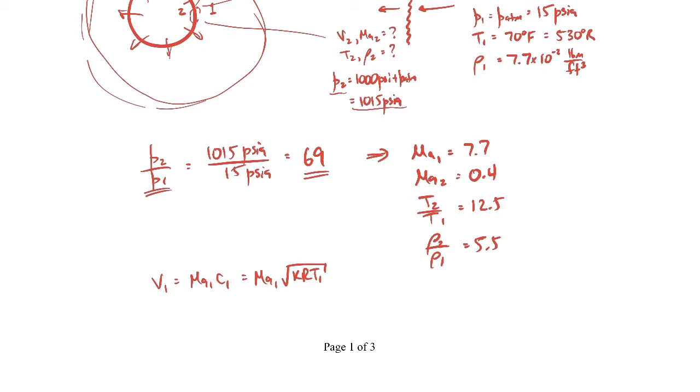So we need to find the temperature. Well, we know that temperature T1 is actually given right up here, 530 degrees Rankine. So we can calculate the speed of sound. We know the Mach number, so we can find V1. When you work out these numbers, this comes out to be 8,700 feet per second.